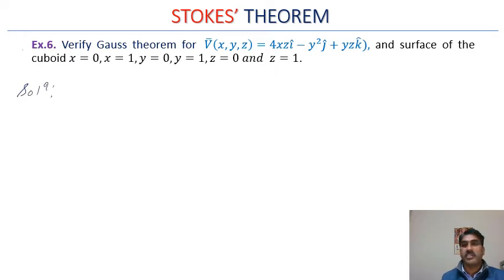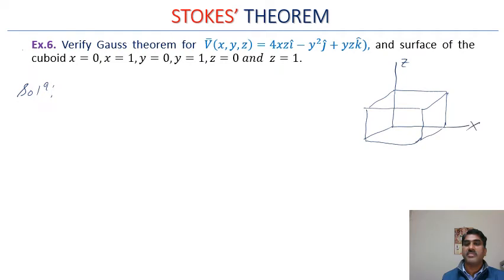First we will draw the cuboid. So here is the cuboid, and though my graphics do not look very good, you must assume that I have drawn a cuboid, meaning all the sides are the same, and this is the z-axis, this is the x-axis, and this one is the y-axis.